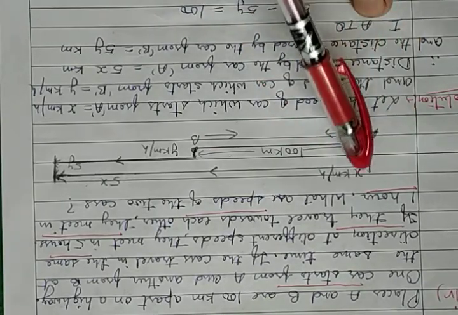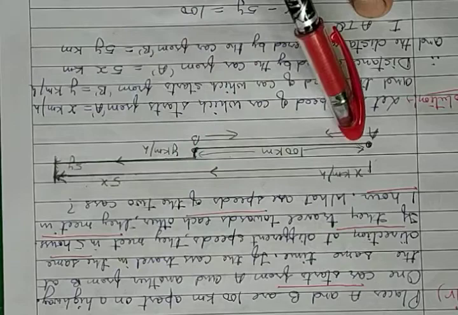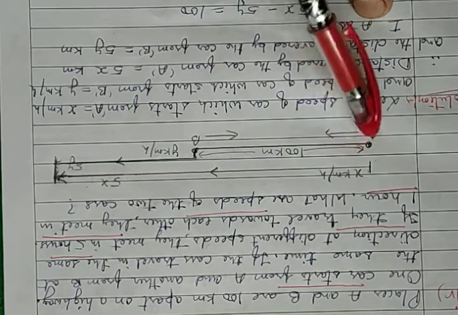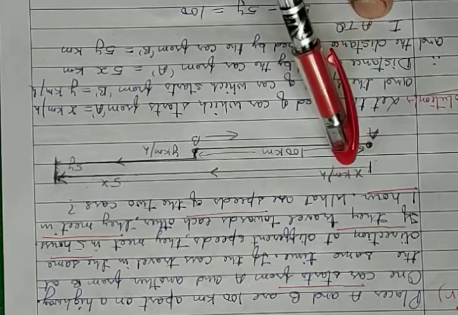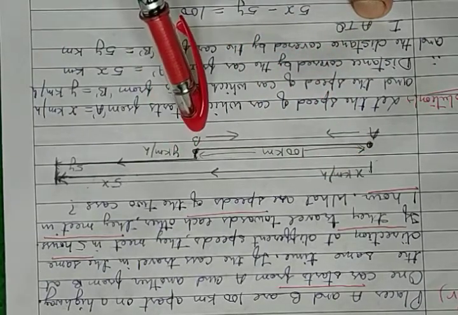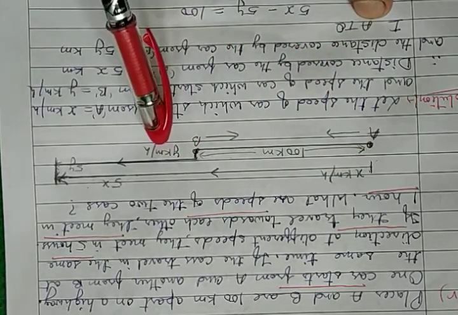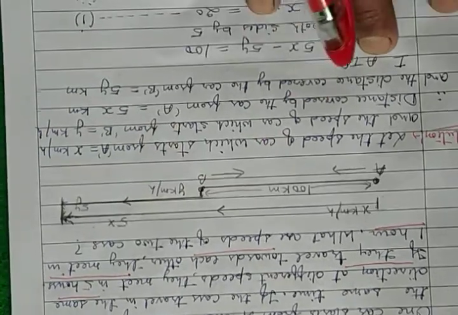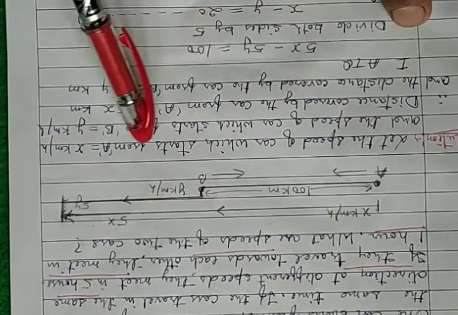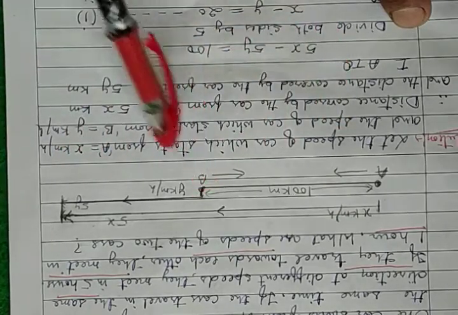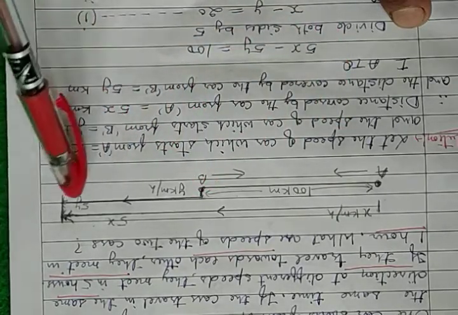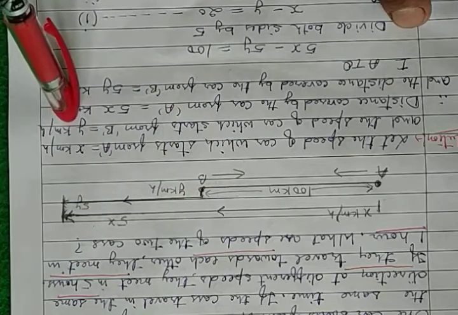Now, do you know the speed of these two cars? Let the speed of the car which starts from A be x km per hour and the speed of the car which travels from place B be y km per hour.